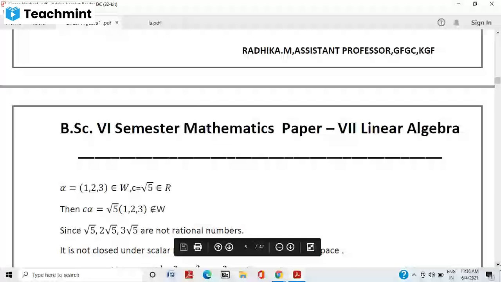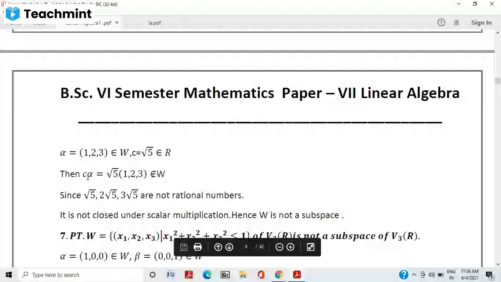Then we find C alpha. C alpha equals root 5 into (1, 2, 3). What do we get? The first element is root 5, the second element is 2 root 5, the third element is 3 root 5.